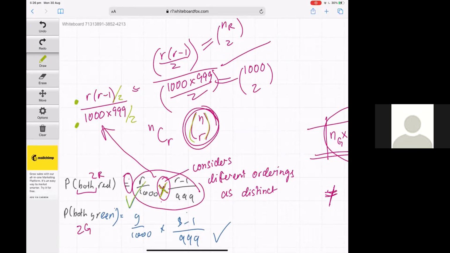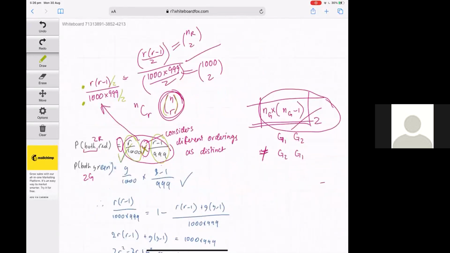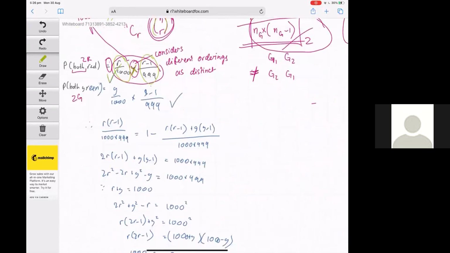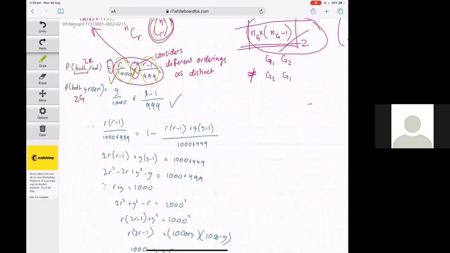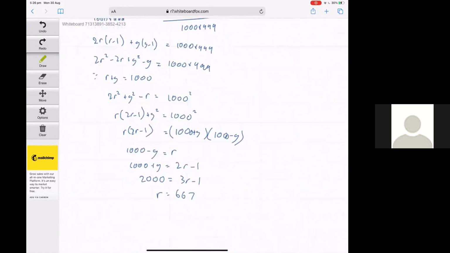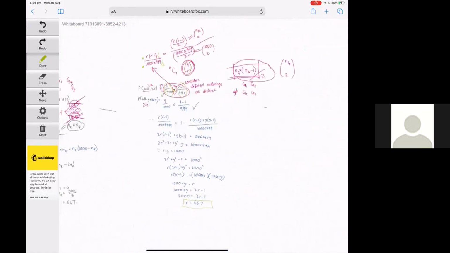So in this way of doing it, you've distinguished between different orderings. And then if you solve for that, no surprise we get the same answer. But yeah, just be careful.